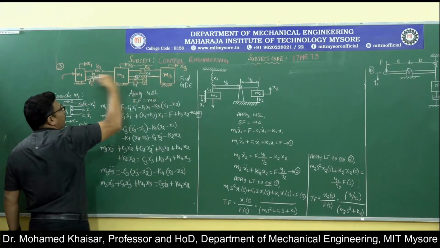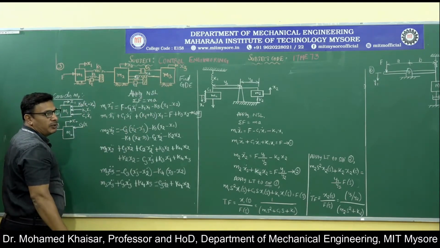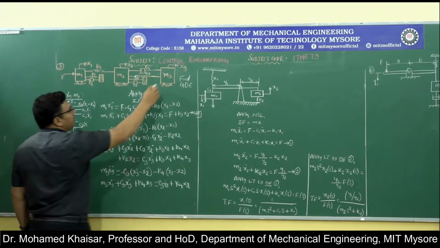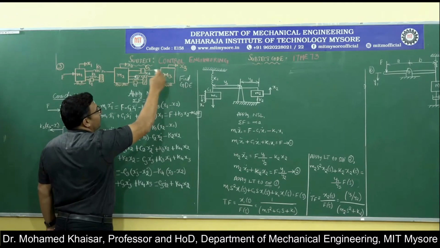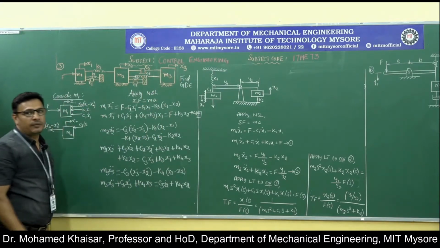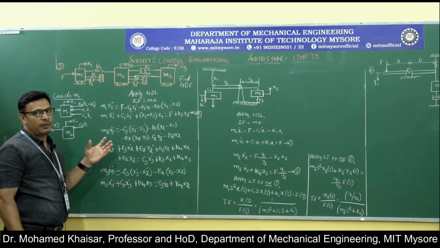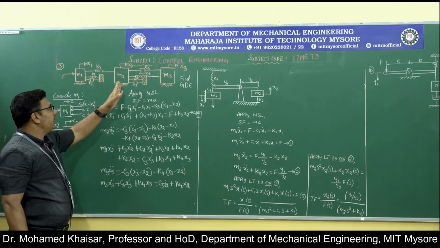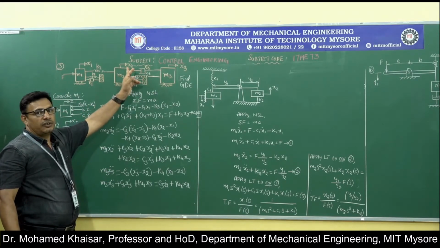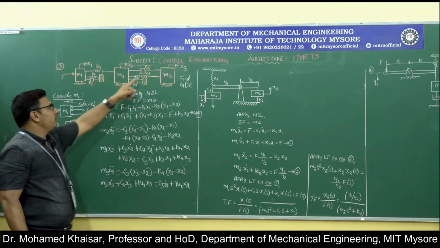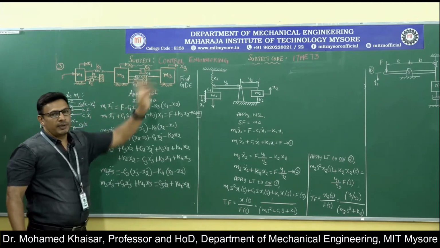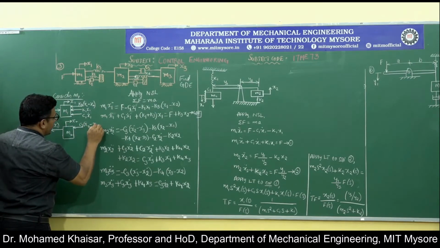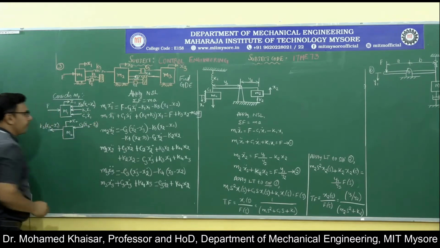When it tries to push back the mass m2 by a damping force of C3 into x2 dot, m3 will try to pull it back by a force C3 into x3 dot. Therefore, the effective damping force, the resisting force due to the damper, acting opposite to the displacement of mass m2, is C3 into (x2 dot minus x3 dot).